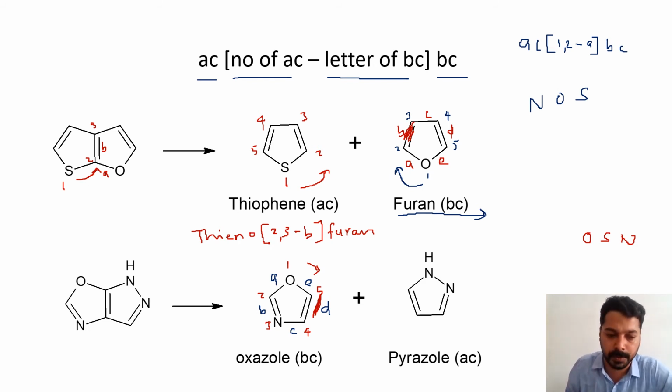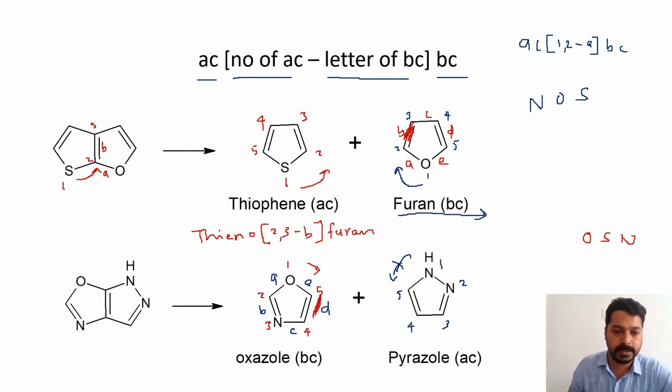Obviously this will be 1. Actually, the fused bond over here, if you go in this way, it will get the number 5. So instead of this, we have to move in this way to get the lowest numbers, 3, 4, 5.